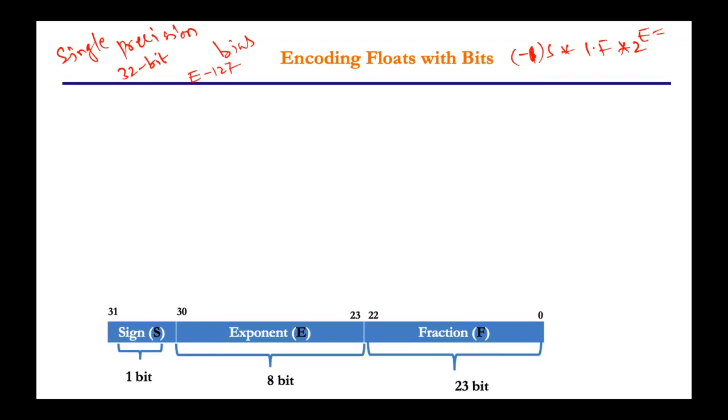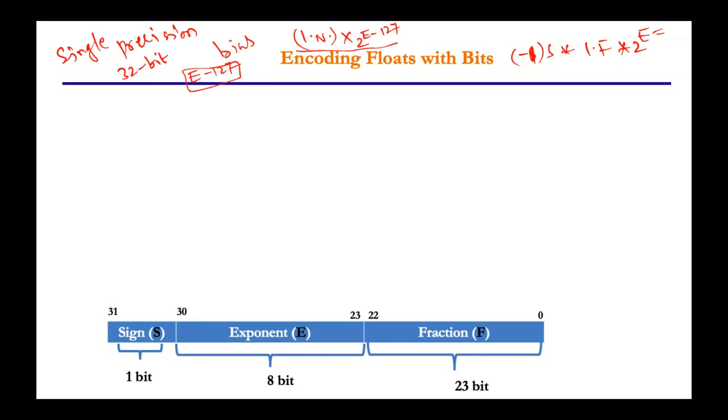So for single precision, the value is written as 1 dot n multiplied by 2 to the power of e minus 127. This equation is very important.